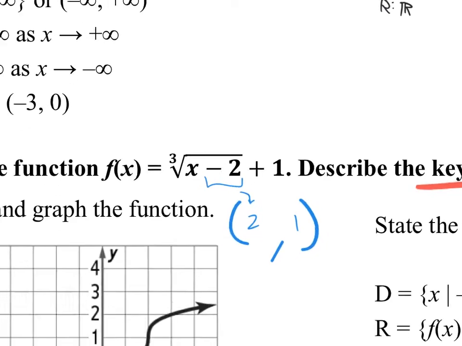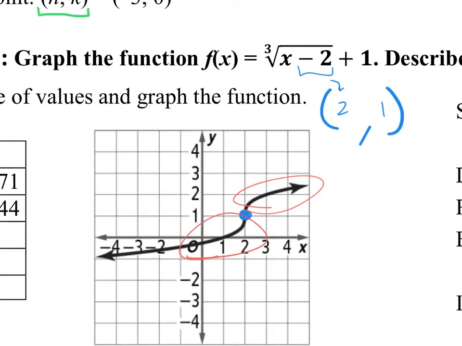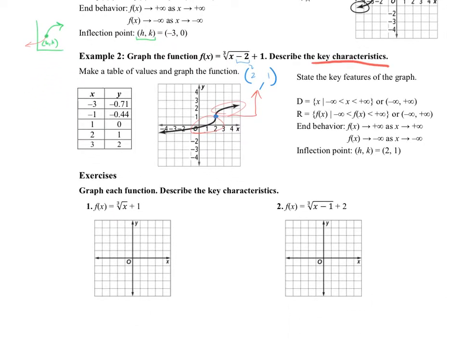So 2 comma 1 will be the location for that inflection point. And when you plot that, you'll see, oh, okay, I see what that is now. It's where this arm starts to go in that direction, and that arm starts to go in that direction, with that inflection point being right in the middle. So that's the majority of the concept of graphing cube roots. Otherwise, things are exactly the same.